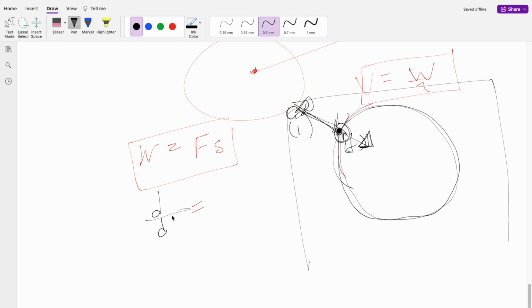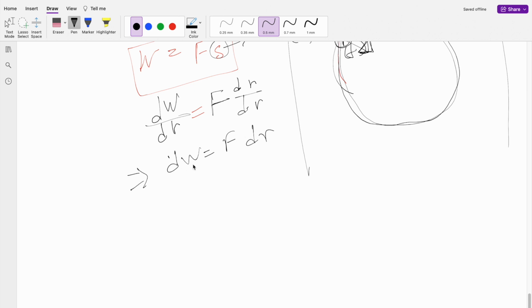Okay, so if we differentiate this with respect to r, this s is basically r, so it may be written as dW equals F dr. Now F is equal to GMm over r squared, which we previously proved with the help of quantum mechanics.